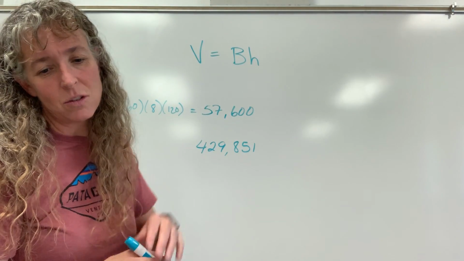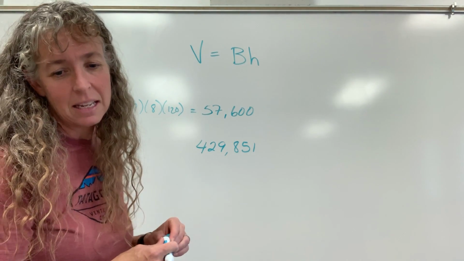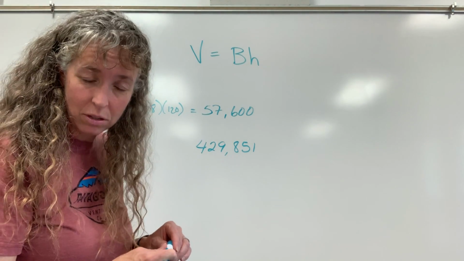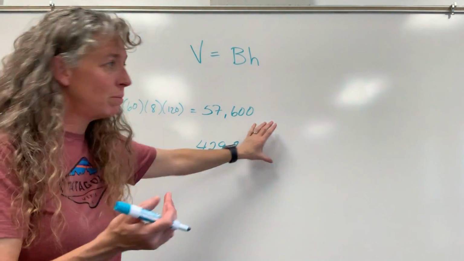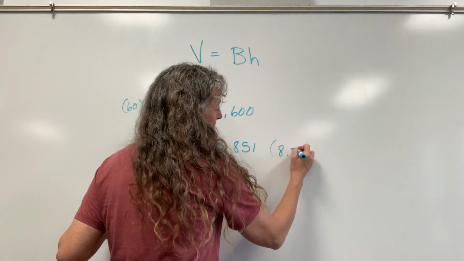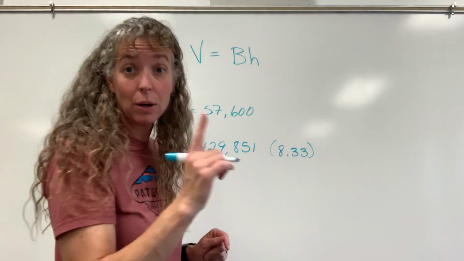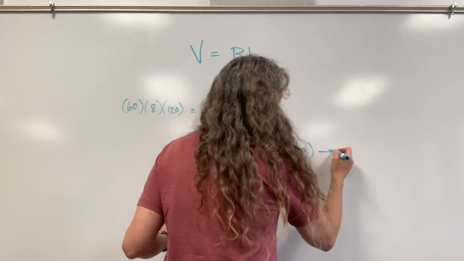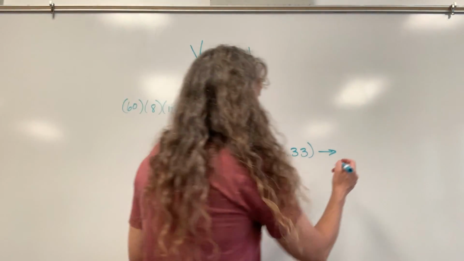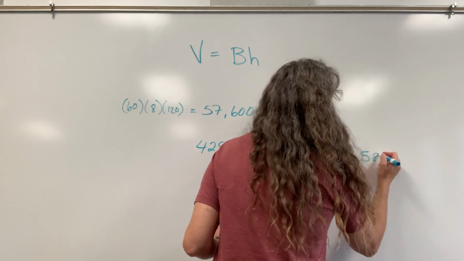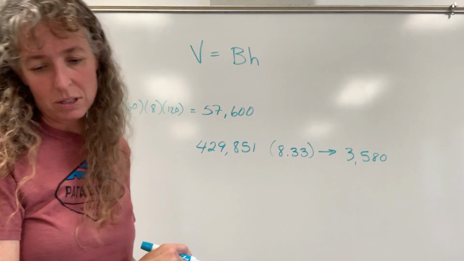So we go back to the directions and we see that a gallon is 8.33 pounds. So I take how many gallons I have and I'm going to multiply it by 8.33 because that's how many pounds per each gallon. And in the end, I'm going to get a total of 3,580,000.